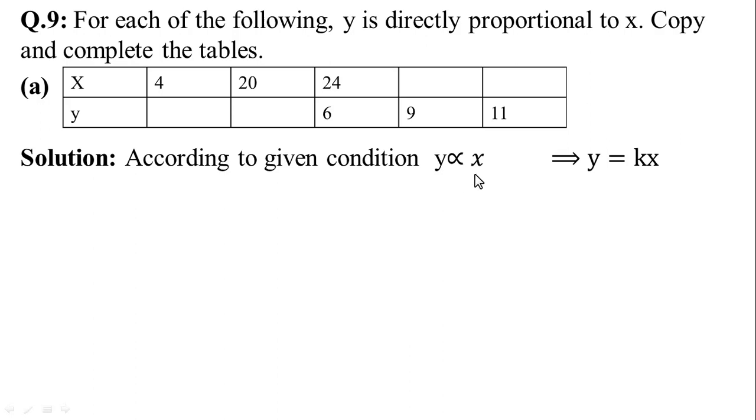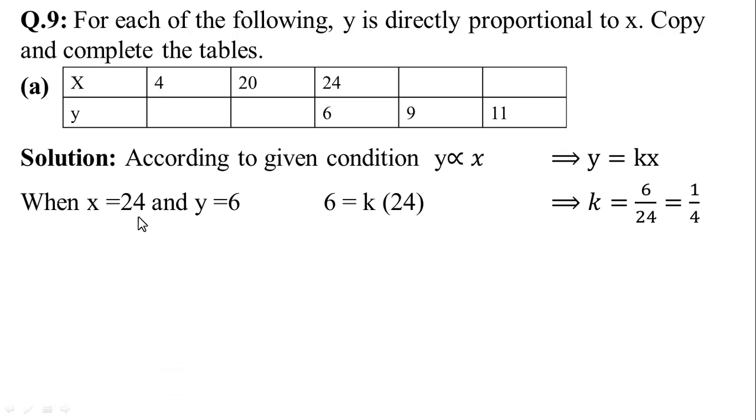Removing the proportionality sign, then y is equal to kx. Now we will find the constant from x and y, both values are given. So x is equal to 24 and y is equal to 6.